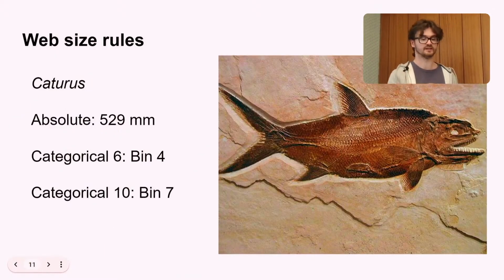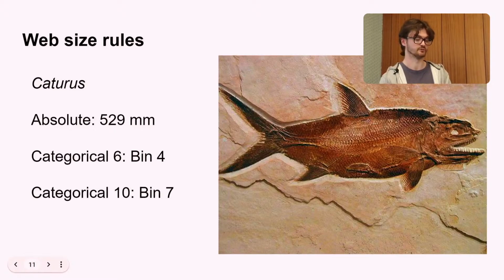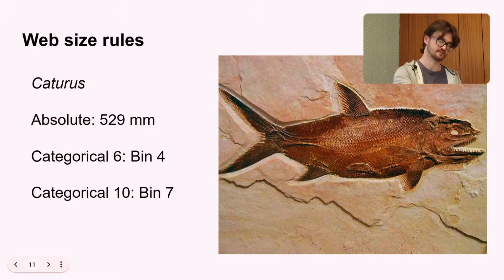The one thing that changes between each of the webs is the size rule. Overall I've got six webs, three for Western Europe and three for Strawberry Bank. I'll just give this as an example. Caturus is a predatory fish from Strawberry Bank.